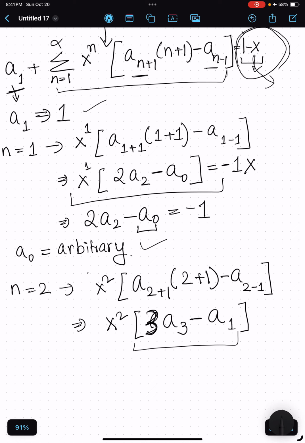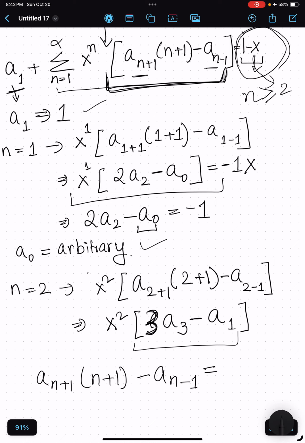That means all the coefficients will be 0 when my n is greater than or equal to 2. So that means I can write that this entire thing right here is equal to 0 for n greater than or equal to 2.